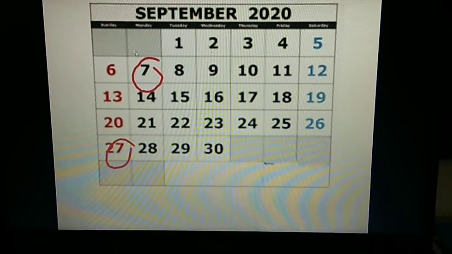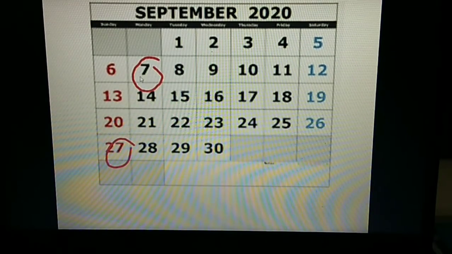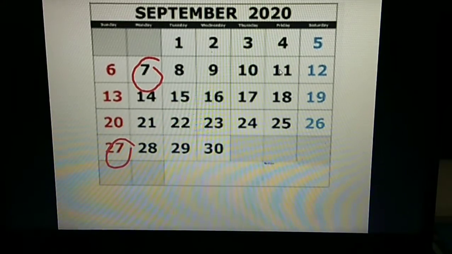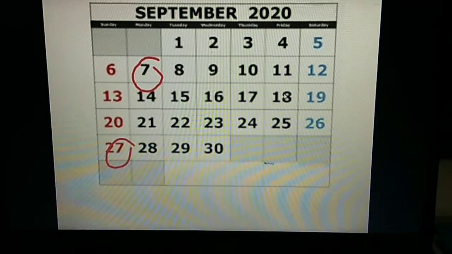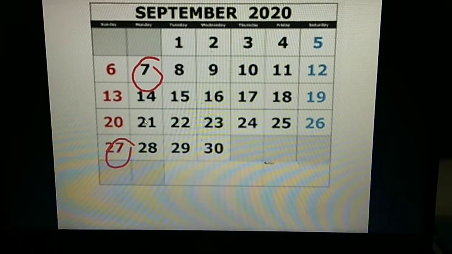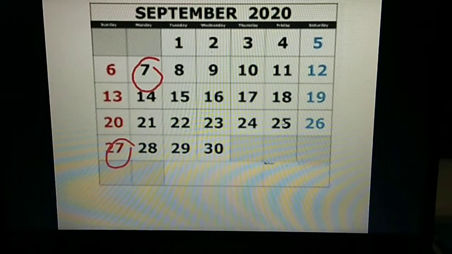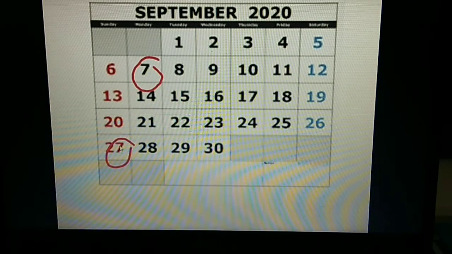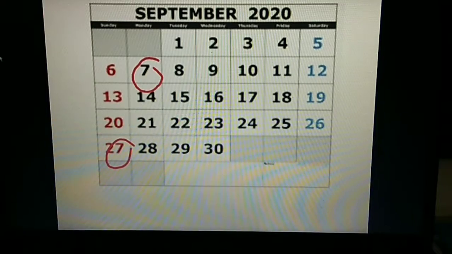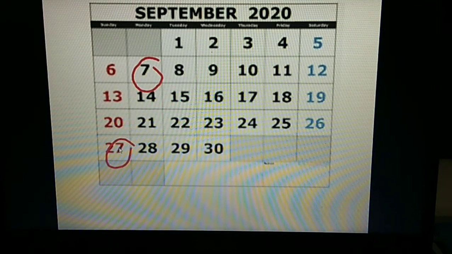They will work on Monday, September 7, and we are going to count 20 days from here. 1, 2, 3, 4, 5, 6, 7, 8, 9, 10, 11, 12, 13, 14, 15, 16, 17, 18, 19, 20.